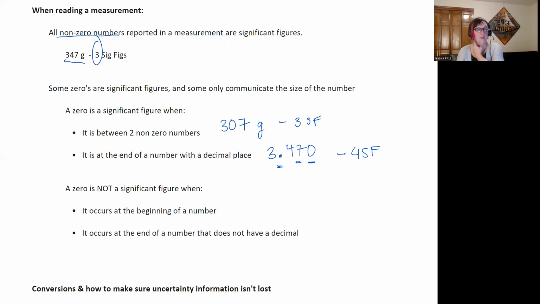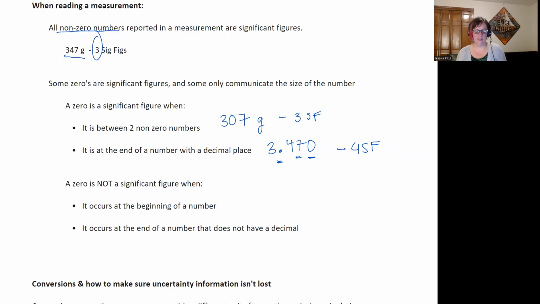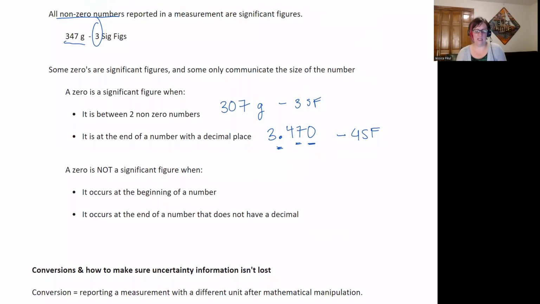Now, there are a few cases, two specifically, when a 0 is not going to be a significant figure. So first, it's if it's at the beginning of a number. So then it's going to be a placeholder for the size of something. So in this one, we have these 3 zeros that come before any sort of non-zero number, the 3.